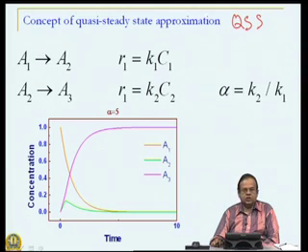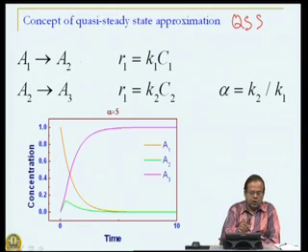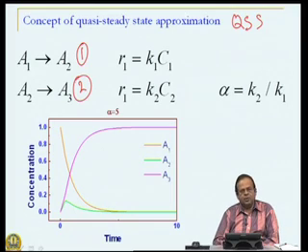To illustrate this approximation and to keep matters simple, let us go back to the same reaction, reaction 1, reaction 2. This time I have made them irreversible, but that is not required. We can also do the same exercise with reversible reactions and you will get the same results, or I should say similar results.